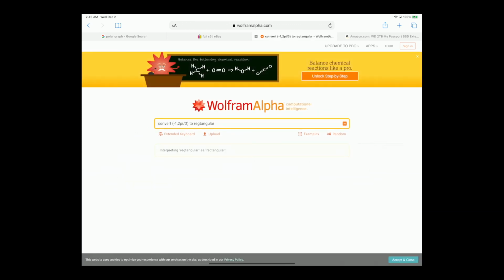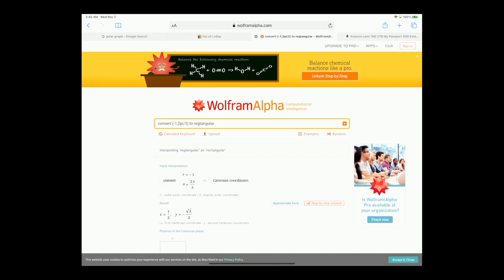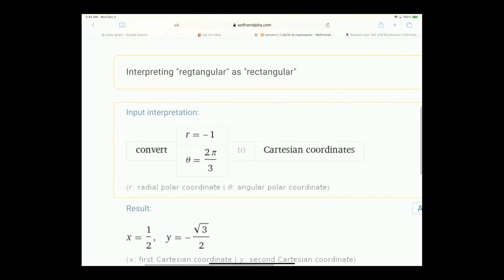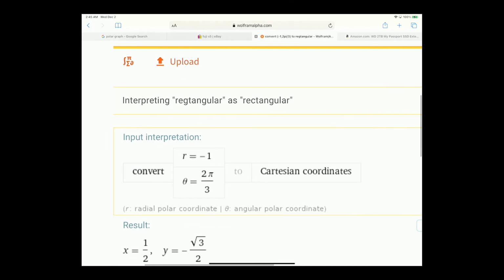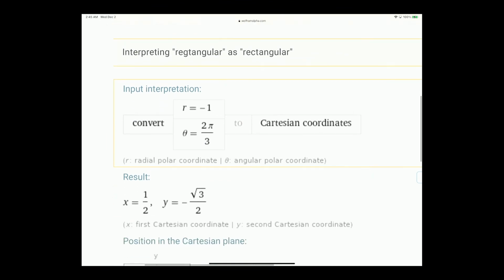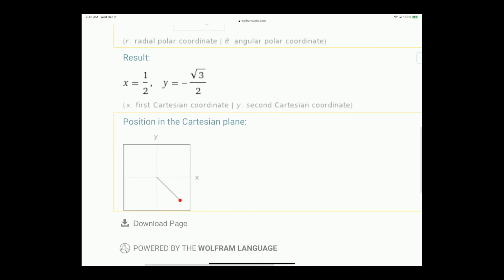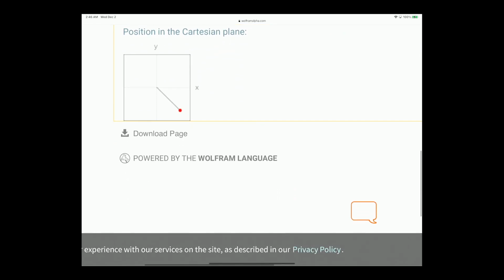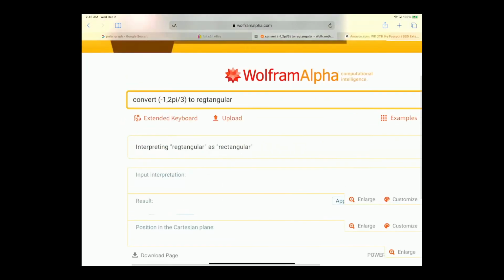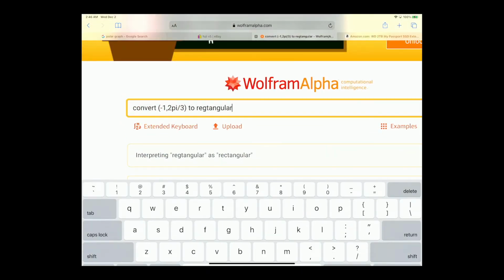I think it's smart enough to know. Yeah, see, it did know that I was talking about polar, even though I didn't say polar. But you see, it did it, and you see it's got the answer, and then you see it's got a picture. They're just showing you that it's in the fourth quadrant there.